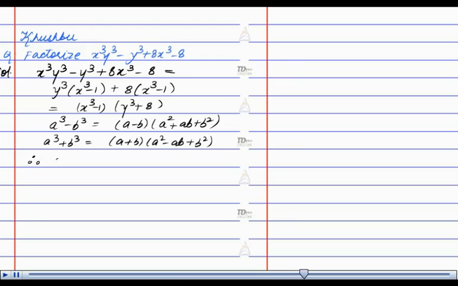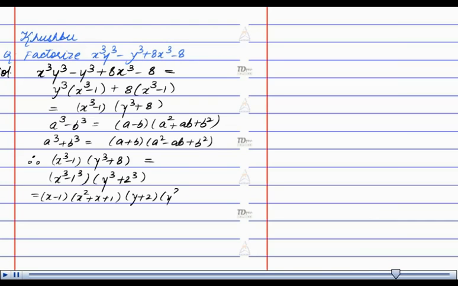Therefore, (x cube minus 1) into (y cube plus 8), which can be written as (x cube minus 1 cube) into (y cube plus 2 cube), on simplification can be written as (x minus 1) into (x square plus x plus 1) into (y plus 2) into (y square minus 2y plus 4). This is the required solution.